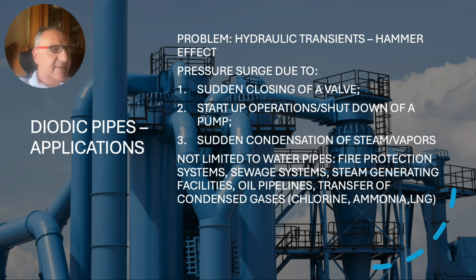And as I said, it's not limited to only water pipes, but these problems also occur in fire protection systems, sewage systems, steam generating facilities, oil pipelines, transfer of condensed gases, chlorine, ammonia, liquefied natural gas.